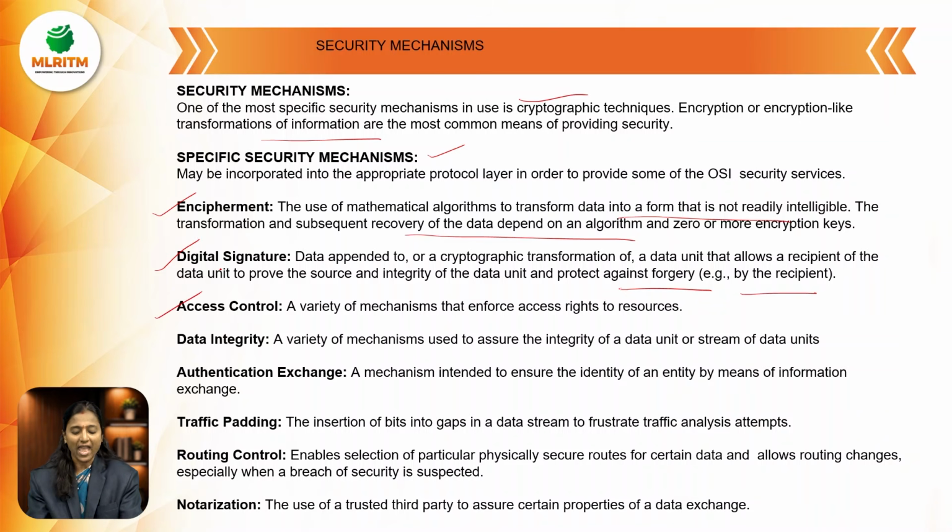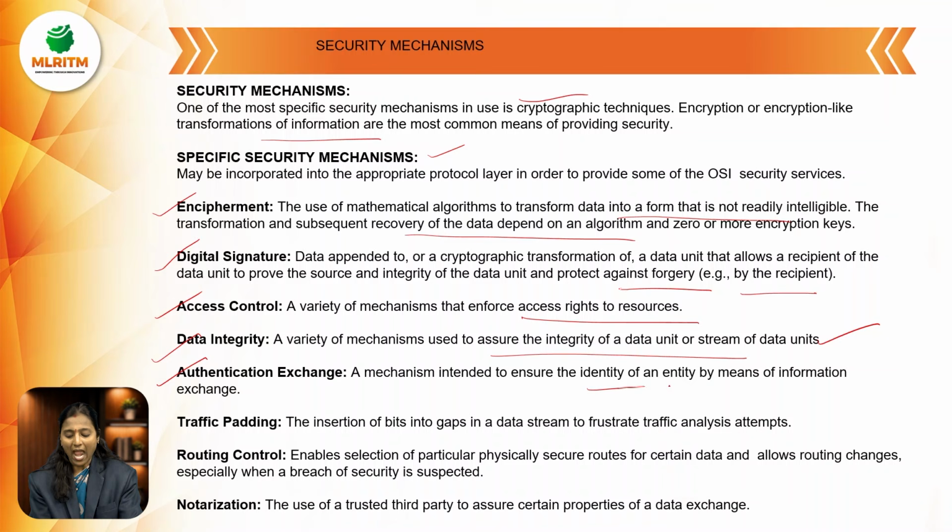The next is access control. Access control is about accessing rights to the resources. The next is data integrity. It is used to assure the integrity of data, where the data is in the format of a stream of data units. The next is authentication exchange.